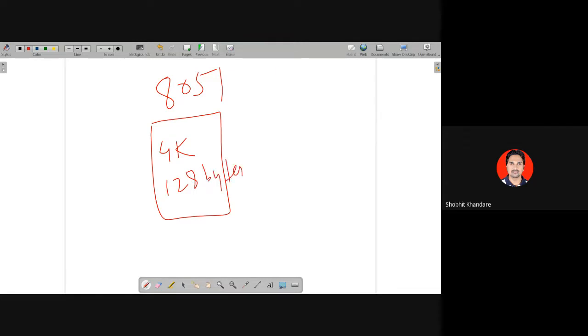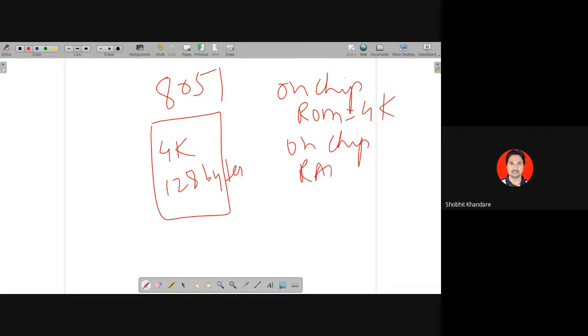So can I say on-chip ROM is equal to 4K and on-chip RAM is equal to 128 bytes? Yes or no? On chip? Yes. 128 bytes.